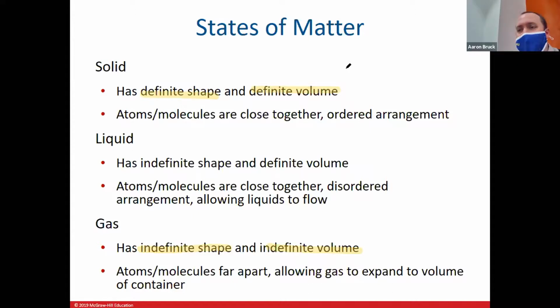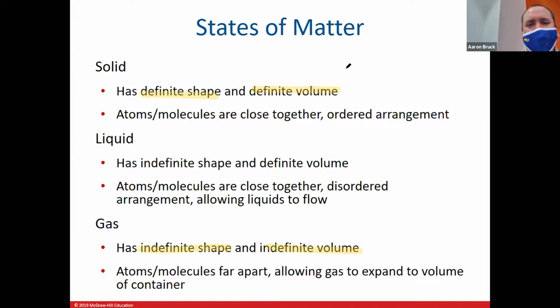So if I take a gas and I have it in a container like this, and I open that container, that gas will spontaneously start to fill this room. Doesn't matter how small the gas particles are, how small the sample is, it's going to try to take up the entire space as best it can. So gases have no defined shape, they have no defined volume as a result.